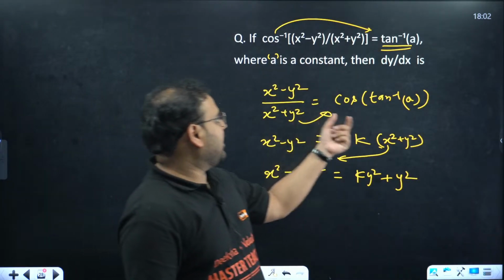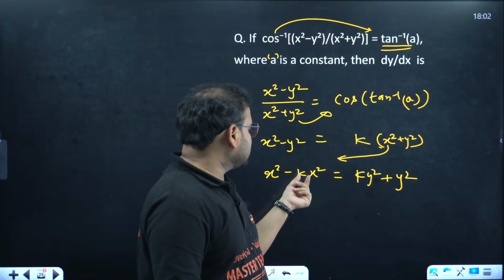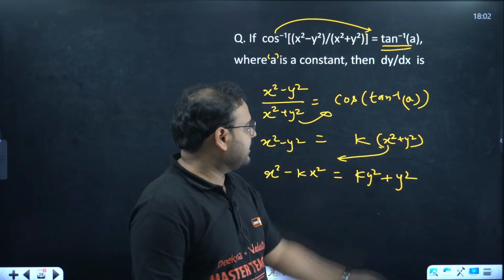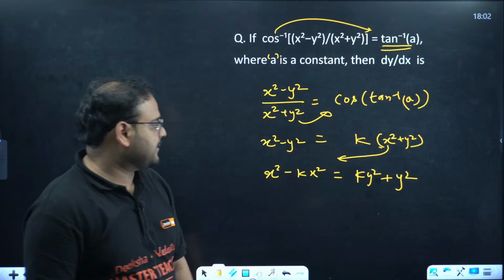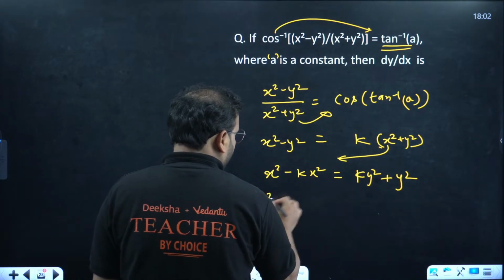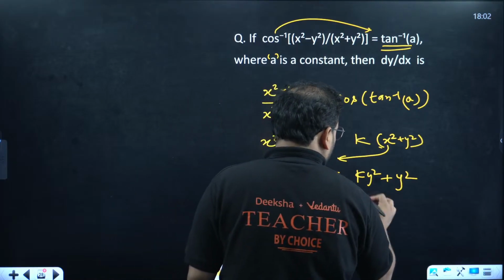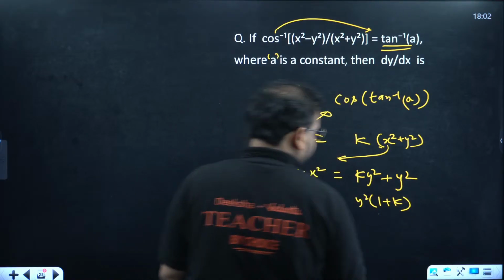Right? So you'll have kx square, ky square. Check this out. You'll have this as minus kx square on this side and ky square plus y square on that side. If you check, we have x square common, we'll get 1 minus k, and over here y square common, that becomes 1 plus k.